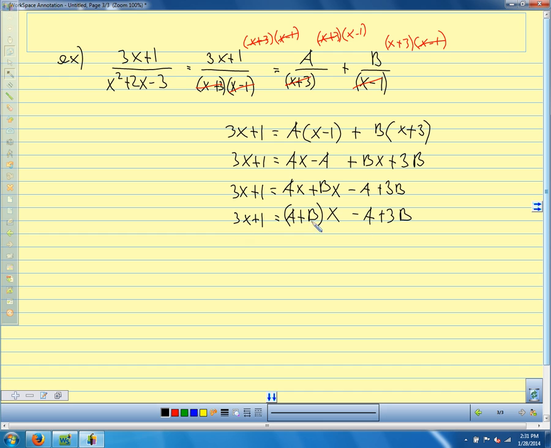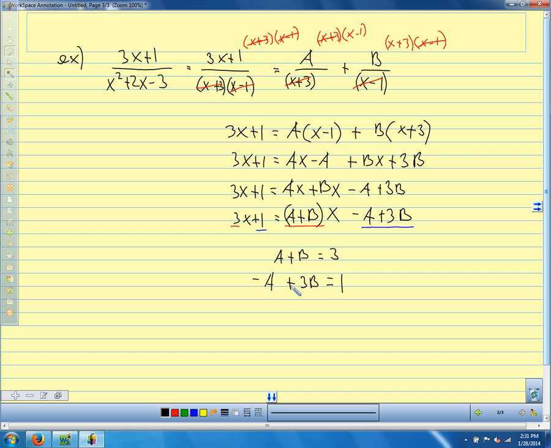These two sides of the equation have to be equal all the time, no matter what. So that tells me that whatever's in front of the x here has to be what's in front of the x there, and whatever is a number here has to equal that number there. So I can write A plus B equals 3 and minus A plus 3B equals 1.